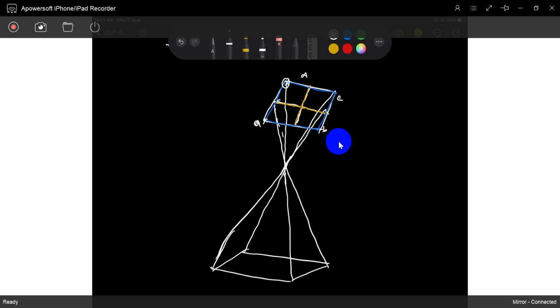Sorry, I will draw from this axis. Same thing. See this a, this is a, this d, a. Exactly, it's b. Where is it?